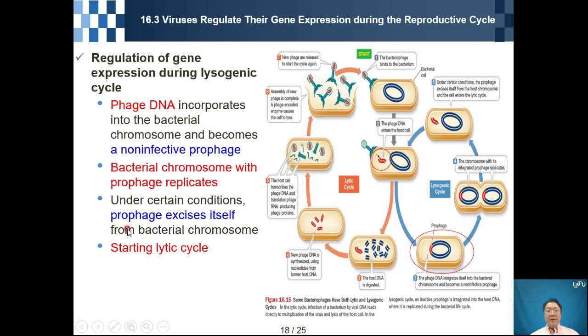And after that, under certain conditions, the prophage itself exits from the bacterial chromosome. It will start the lytic cycle like this. So this is the lysogenic cycle, and this is how they regulate gene expression.